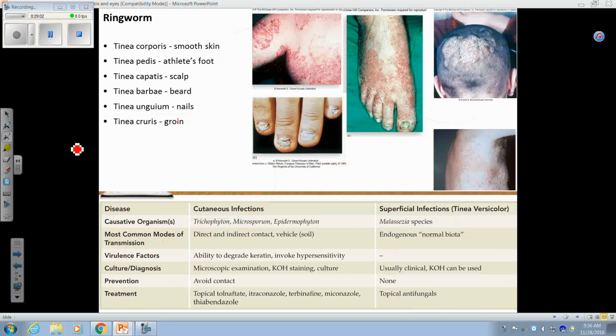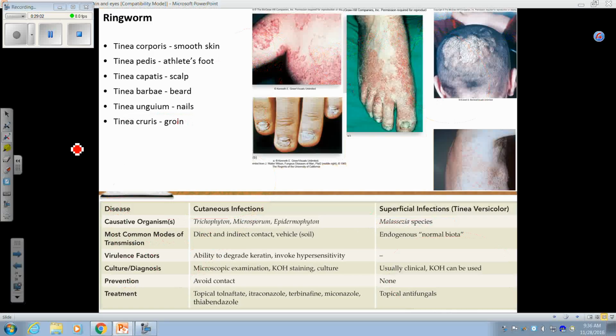And when we say ringworm, these symptoms can be caused by a variety of fungi, including Trichophyton, Microsporum, Epidermophyton, and Tinea versicolor, which is this. It's usually caused by Malassezia furfur, but Malassezia in general, the genus Malassezia.